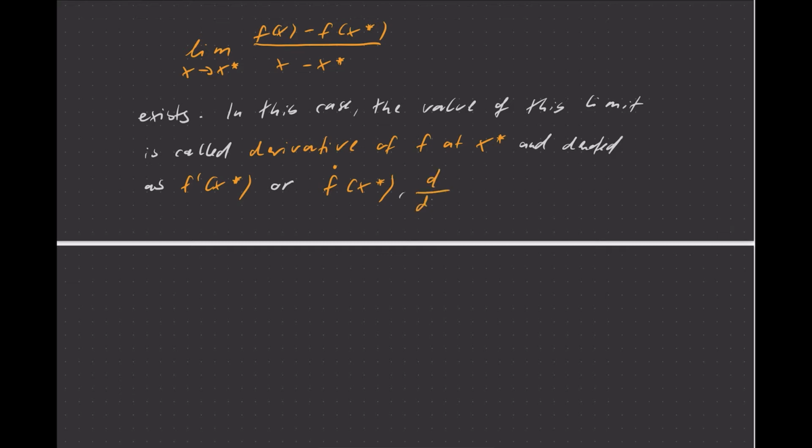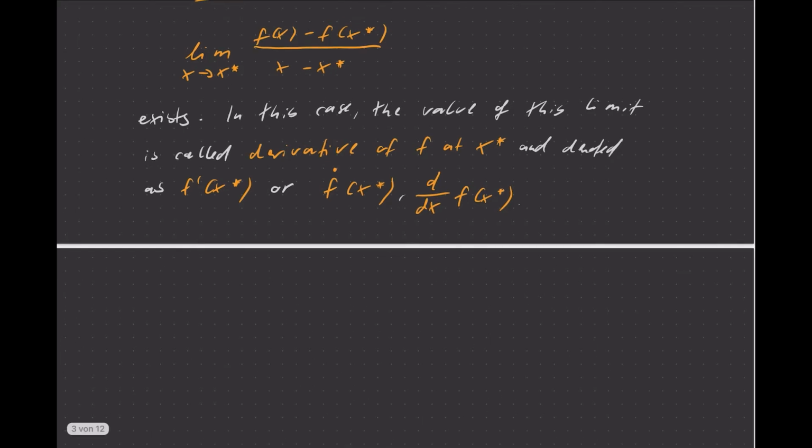D over dx, meaning the derivative with respect to x of f at the point x star is written like this. And of course, there's all kinds of variations on that last notation. You can also write that as df dx at the point x star, means the very same thing. Or you could write this as d f of x star over dx. All of these mean the same thing, the derivative of f at the point x star.